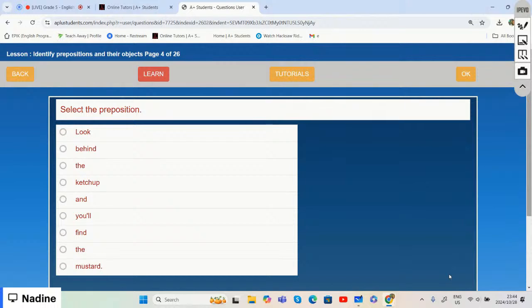We need to select the preposition. It says, look behind the ketchup and you'll find the mustard. What is our preposition within the sentence?